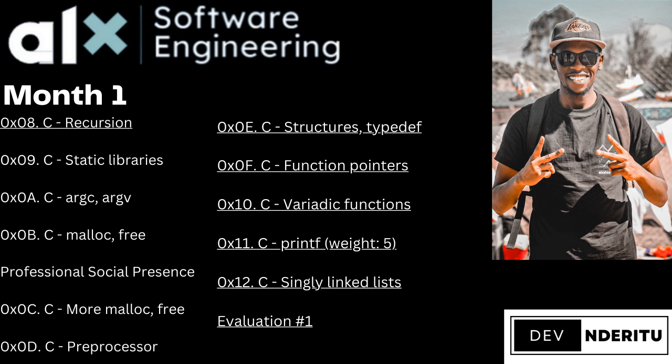You're also going to be given professional social presence. These are the soft skills they're trying to inculcate in you. But the majority of the projects are in C. You're going to do malloc, preprocessors, structures, typedef, function pointers, variadic functions, singly linked lists.